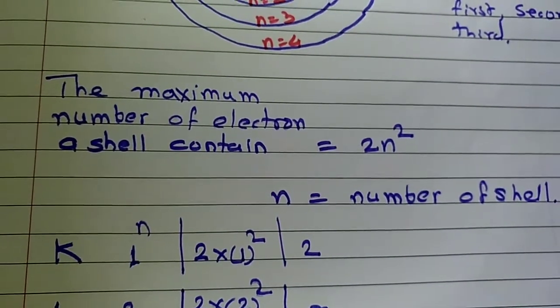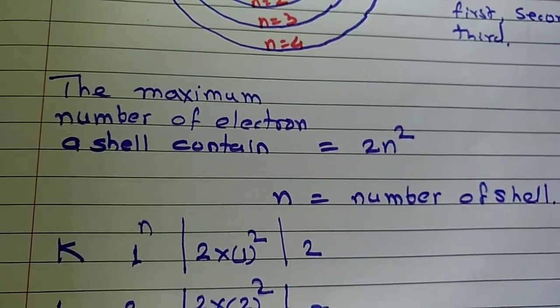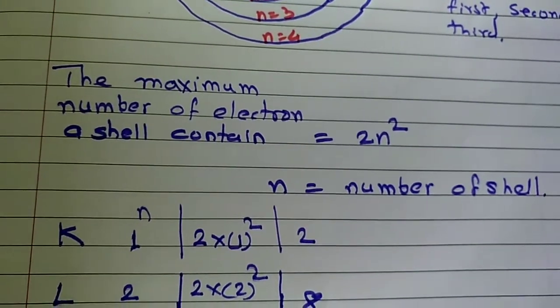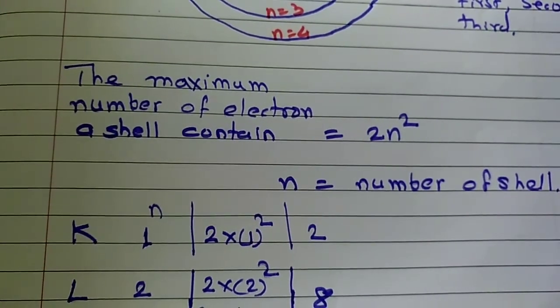The maximum number of electrons in a shell is found by the formula 2n square, where n stands for number of that shell, ordinal number.